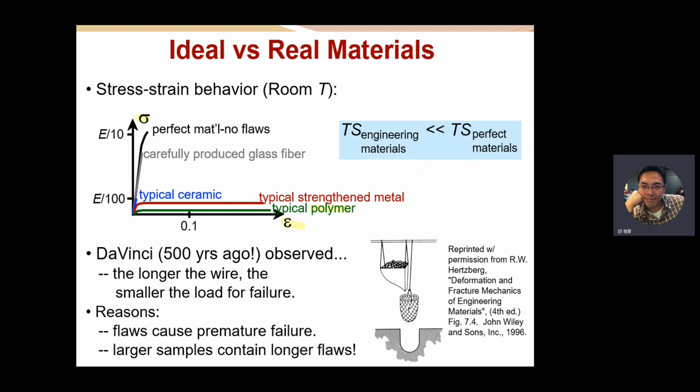That's a totally different scope. The flaws are always bad, right? But for point defects, they are mostly good for strengthening materials, right? Therefore, if we have a longer wire, that means we have more flaws inside these materials, even if we use the same material.